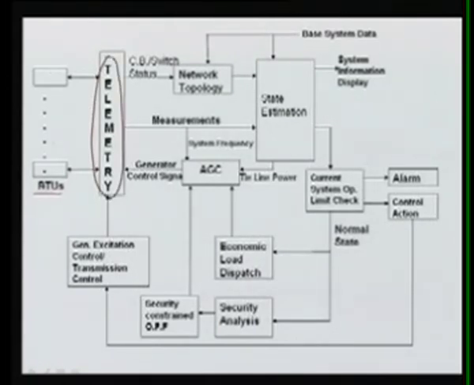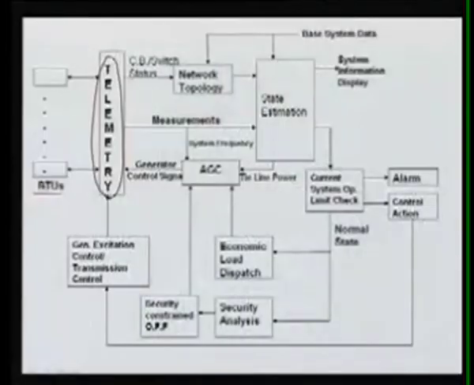The RTUs are large in number in the power system, spread all over the world, and they give the various measurements, the circuit breaker switch and their status, and with this information we do various other functions, like forming the network topology.